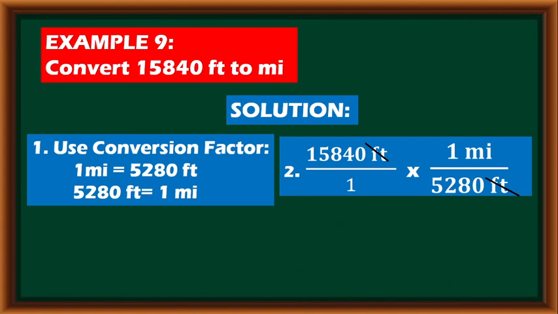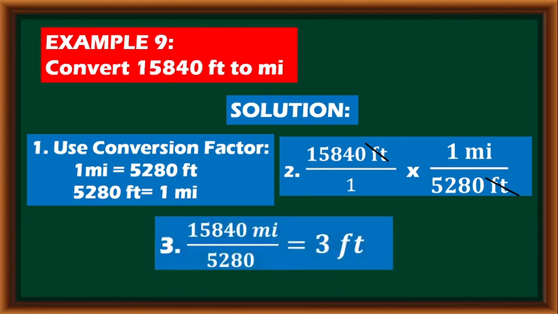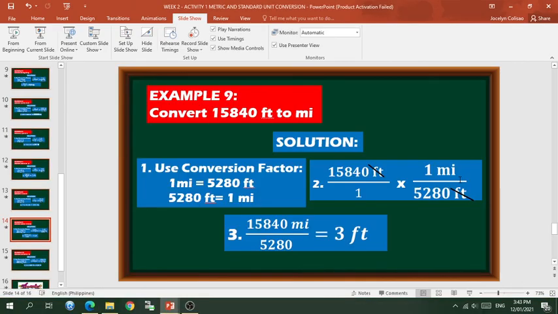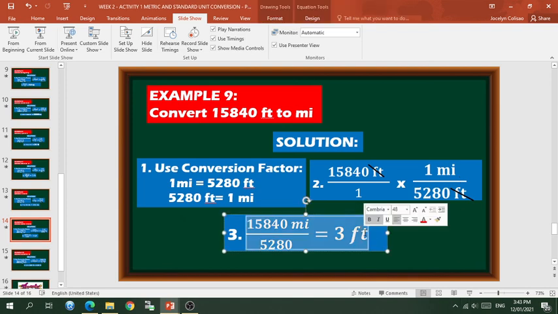Remaining unit is mile, and that is 15,840 divided by 5,280, which is exactly 3 miles. Okay, palitan natin siya. It should be 3 miles.